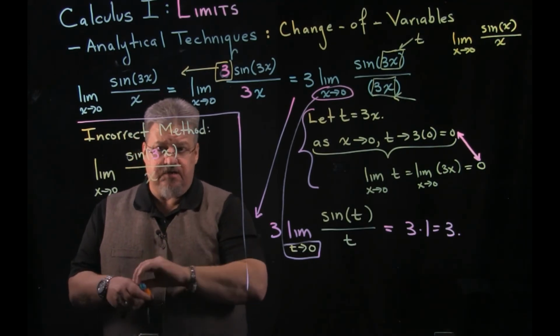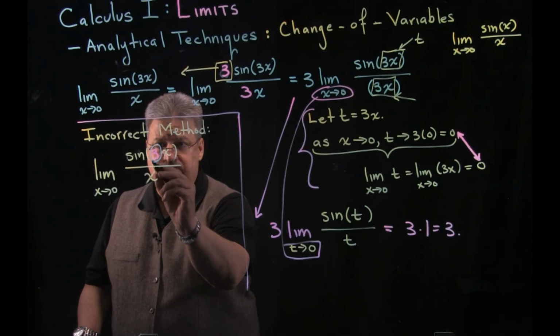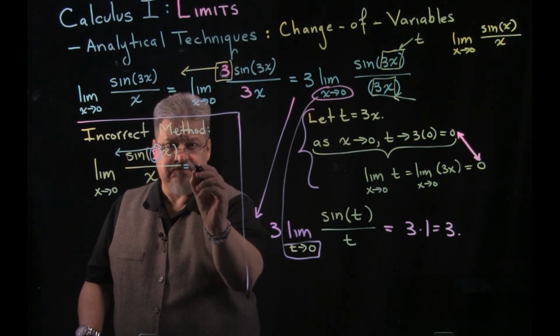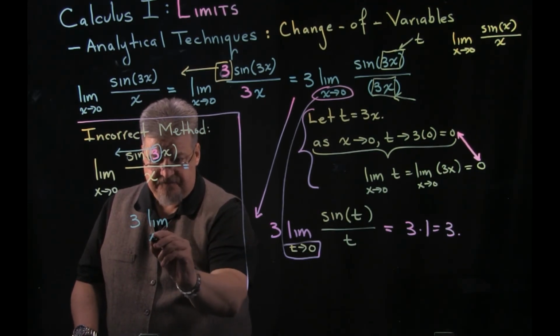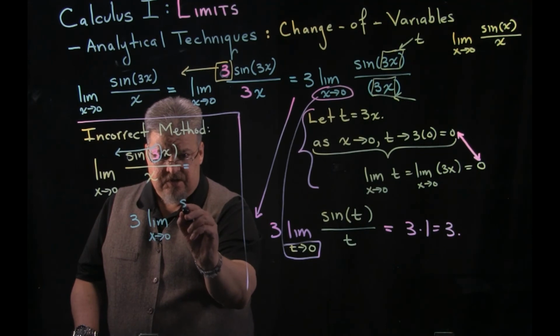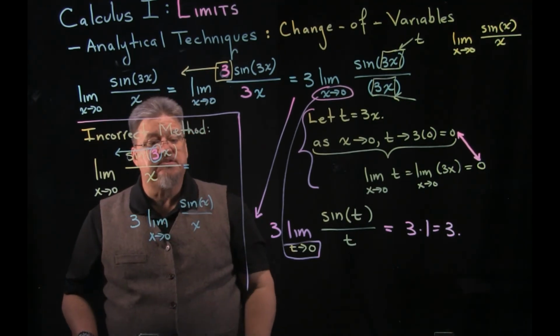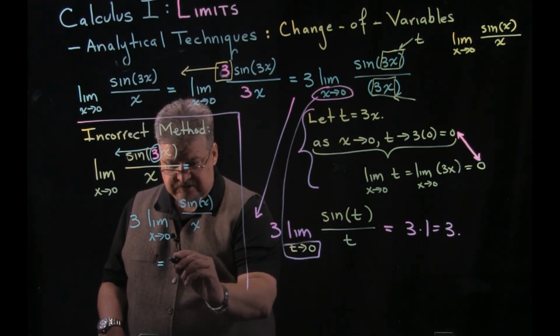What I see, and many faculty members see when we grade, is that some students will just pull the 3 out, saying, hey, that 3 can come out to the outside, and it's equal to this. And that's just not, in fact, so. Although it really looks like it's the case, it's just not so.